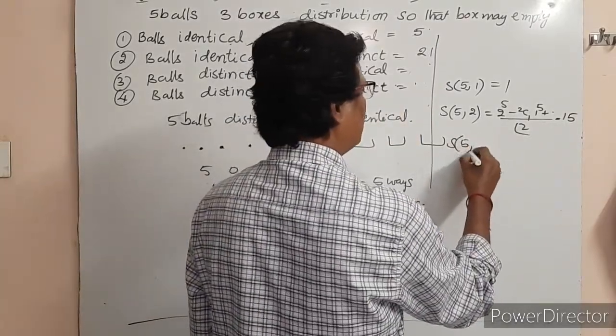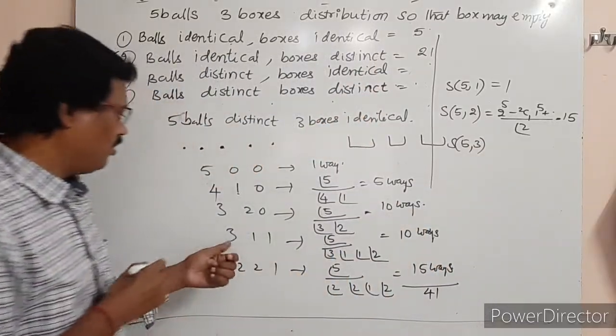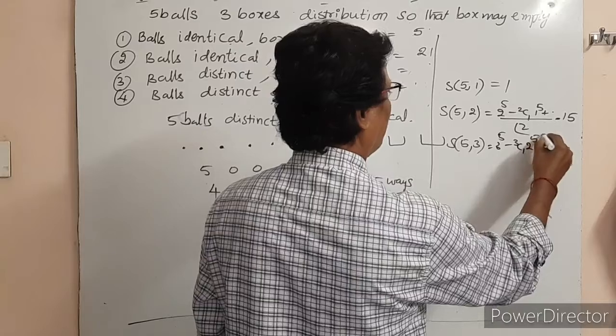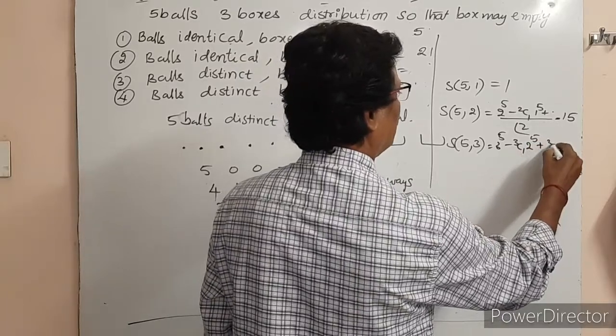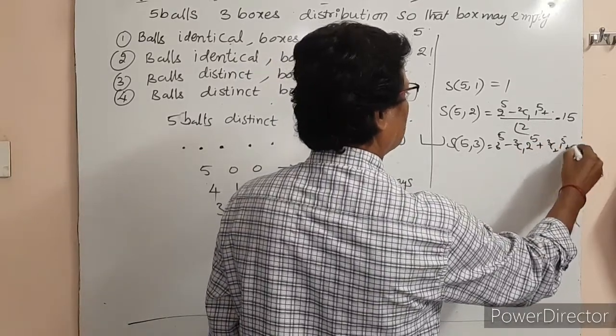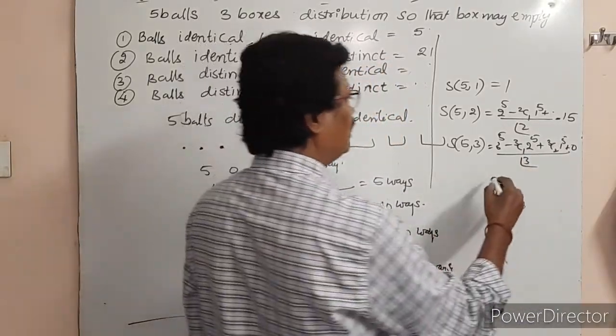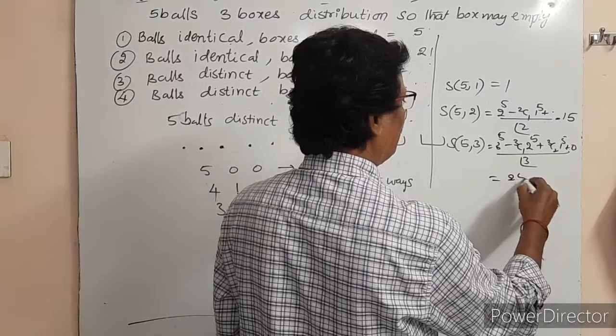Now 5 balls into 3 boxes: 3 power 5 minus 3c1 into 2 power 5 plus 3c2 into 1 power 5 plus 0, by 3 factorial. Now therefore how much is this? This is 25.